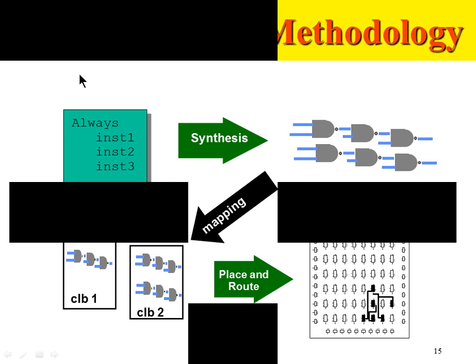After writing the Verilog code, the functional verification will happen here. Once it is verified, this Verilog code will be synthesized, where it will be converted to a gate level netlist. This gate level netlist will consist of generic, basic gates: AND gate, OR gate, NAND gate, NOR gate, etc. That netlist then will be mapped to technology specific components.